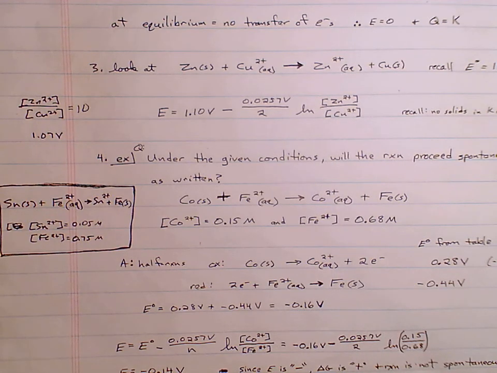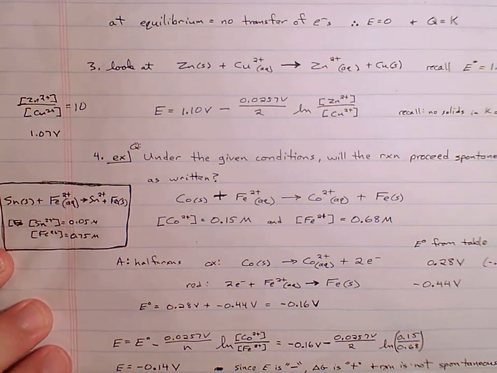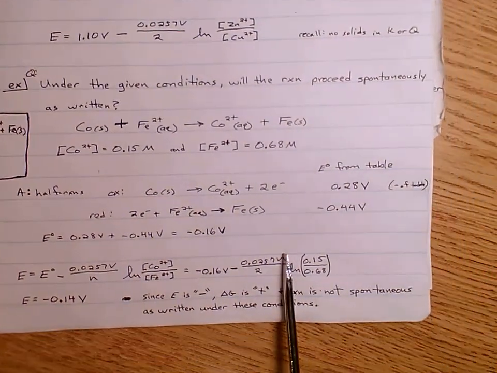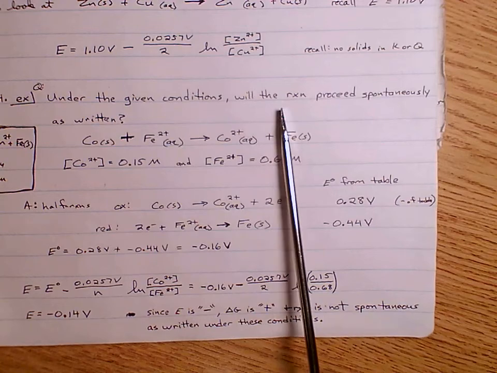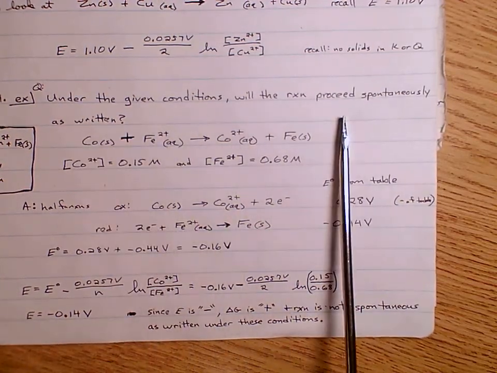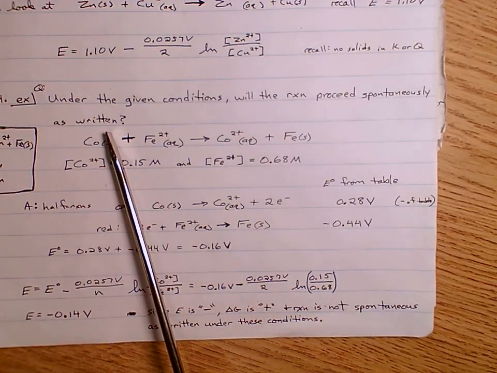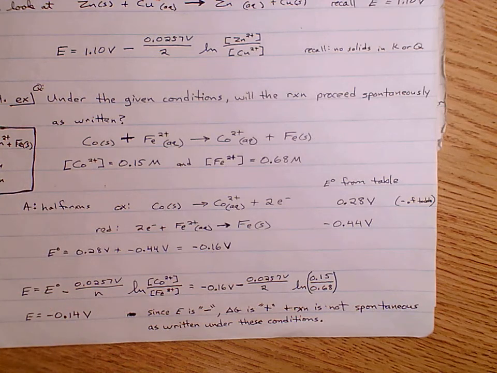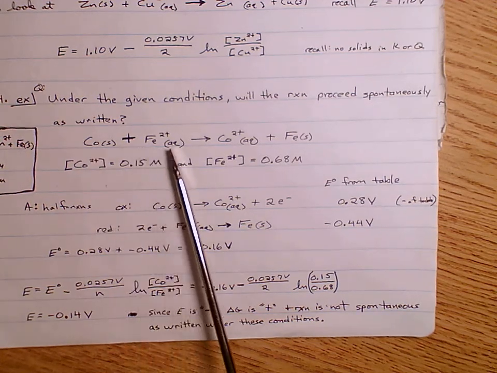All right, let's use this information and look at this question here. Under the given conditions, will this reaction proceed spontaneously as written? Recall a spontaneous reaction, if it's a redox reaction, has a positive value for E naught cell. Well, here is our reaction.